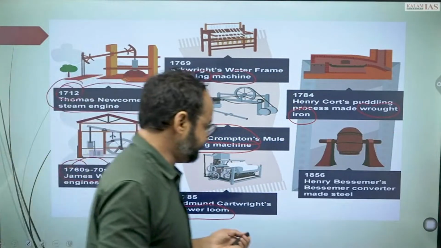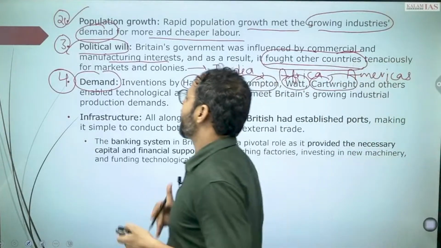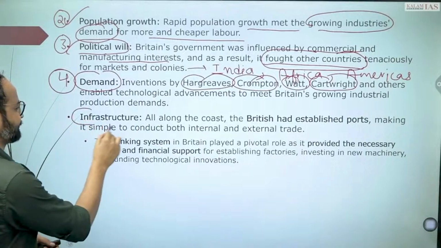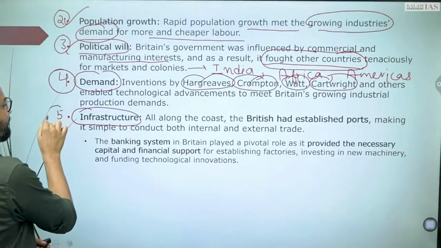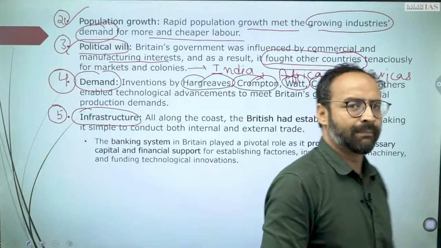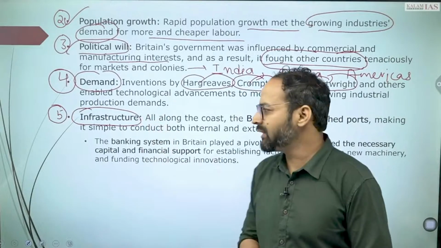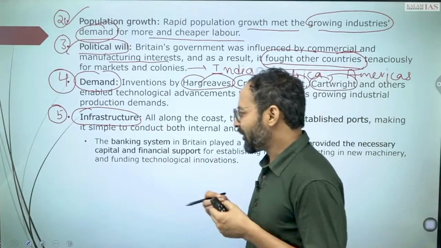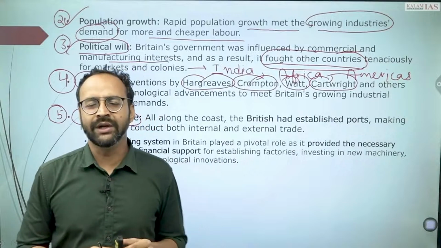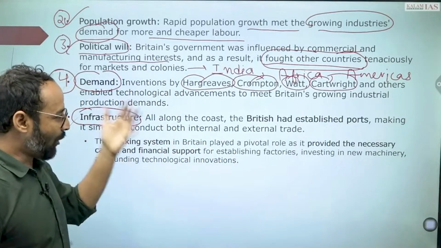Then we had a demand for infrastructure, which is my 5th point. All along the coast, the British had established ports. Why were ports needed? From ancient India to the modern world, because we want to have trading relations with the rest of the world. So along the coast we had ports.